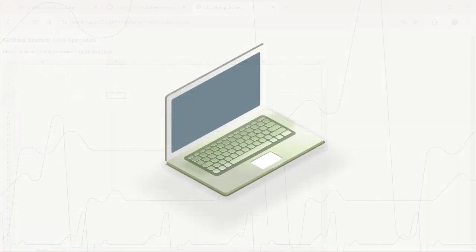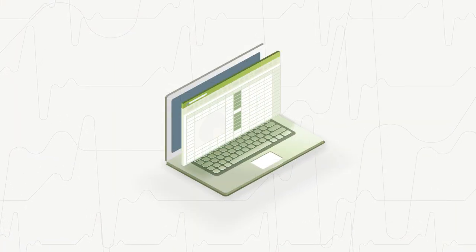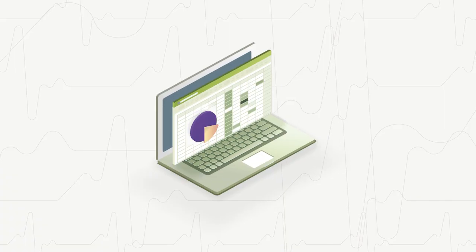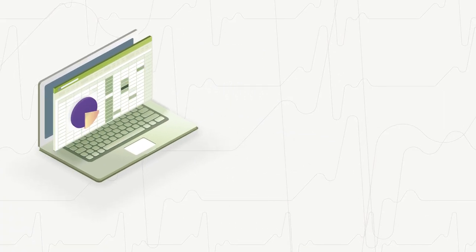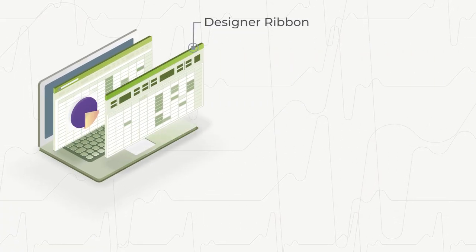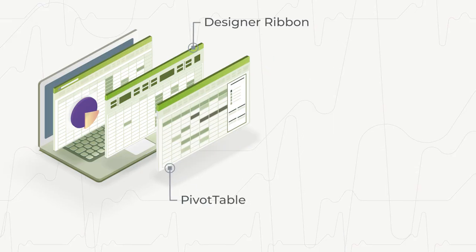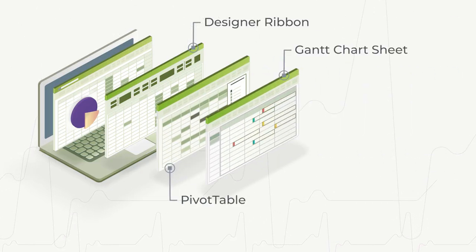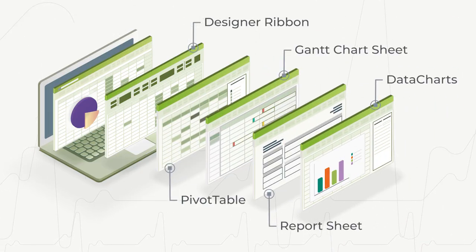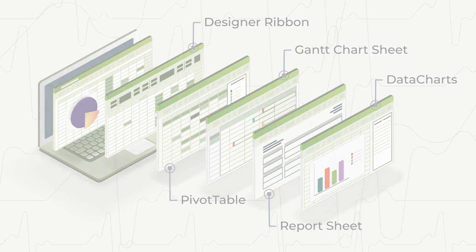SpreadJS offers optional add-on deployment packages to grant additional specialized functionality to developers and their users, including the Designer Ribbon component, pivot tables, Gantt chart sheet, report sheet, and data charts. Like SpreadJS, the add-on pricing is based on the number of hostnames to which it will be deployed.